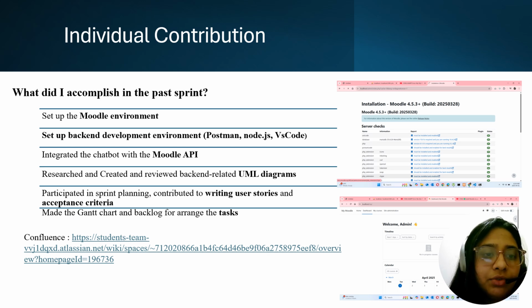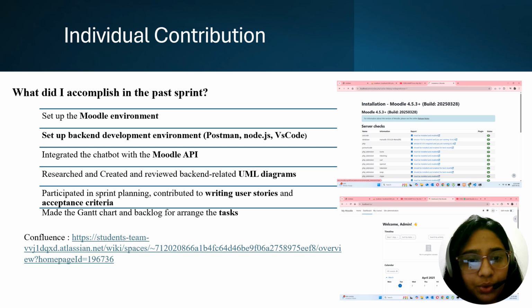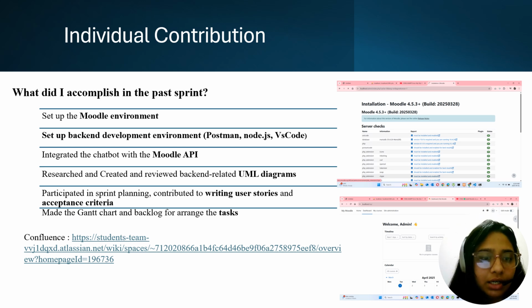Then I researched and created backend related UML diagrams, and I participated in sprint planning and contributed to writing user stories and acceptance criteria. Finally, I made the Gantt chart and the backlog to arrange the tasks.